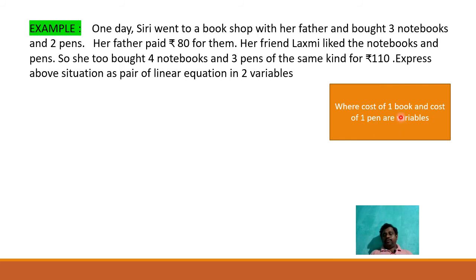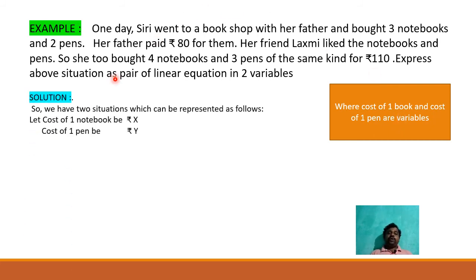For variables we can take X and Y. So we have two situations which can be represented as follows. Let the cost of one notebook be X rupees and the cost of one pen be Y rupees. Understand, students?